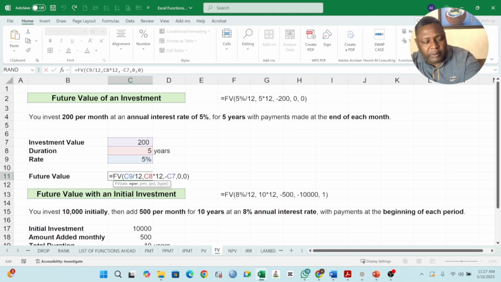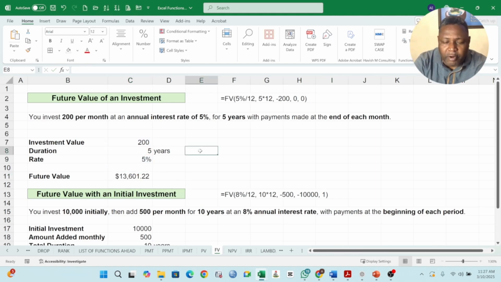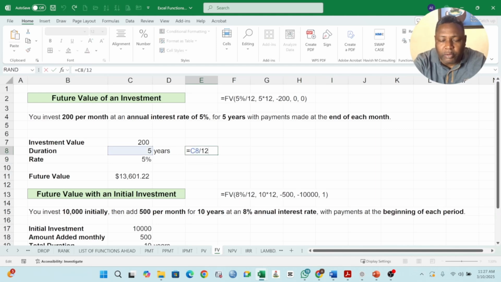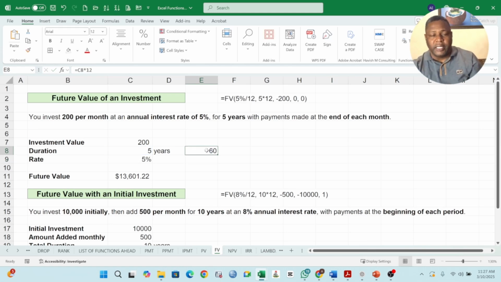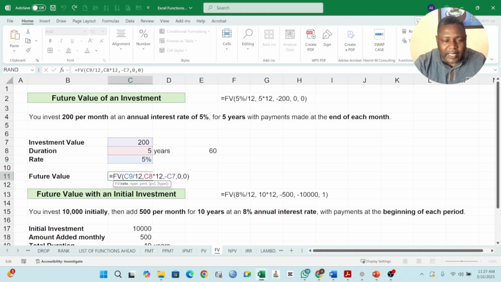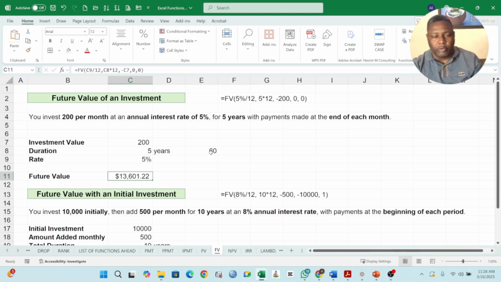So sometimes some people will do it here before even bringing it to this formula. It's just about knowing the number of periods you are dealing with. So they may want to just pick this 60 directly into this place instead of taking it from there. So whichever way you feel convenient, you should do.